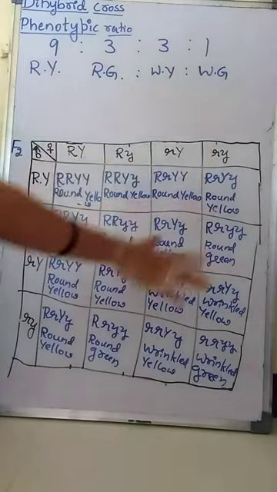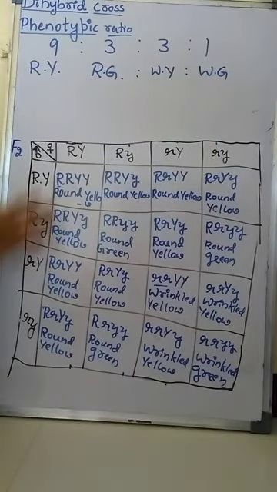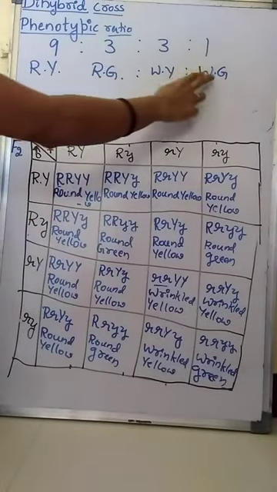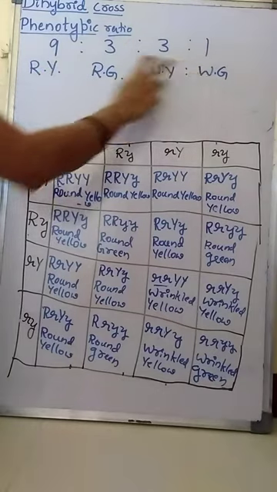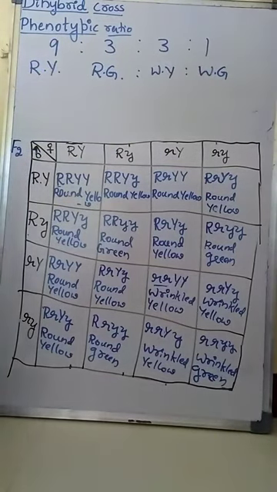Only 4 combinations we will get in this. Round yellow and wrinkled green are the parental combinations. We have taken parents capital R, capital R, capital Y, capital Y, crossed with small r, small r, small y, small y, which means round yellow is crossed with wrinkled green.